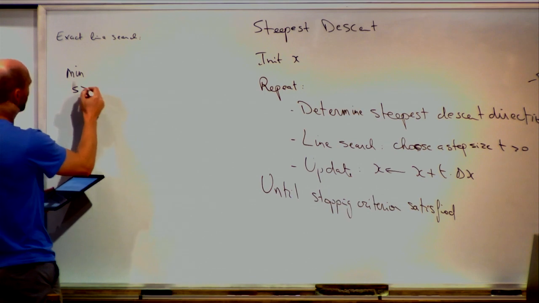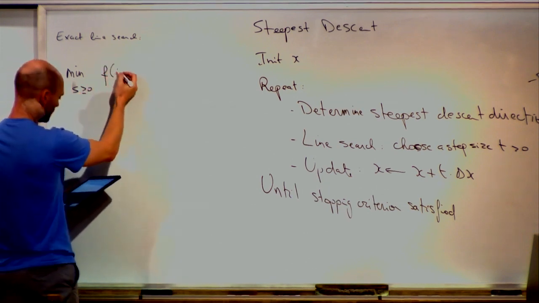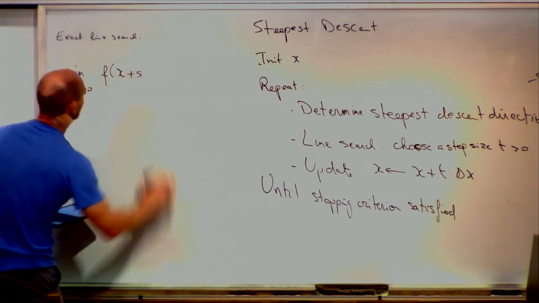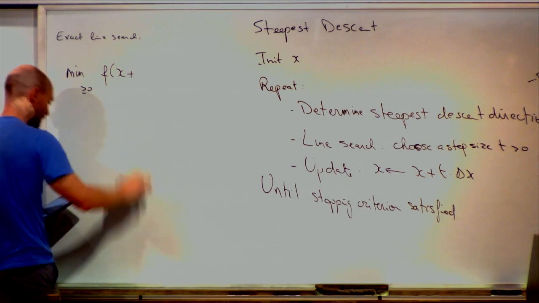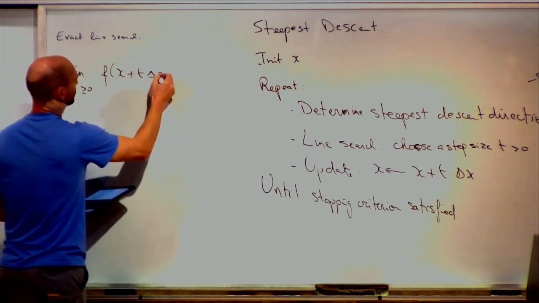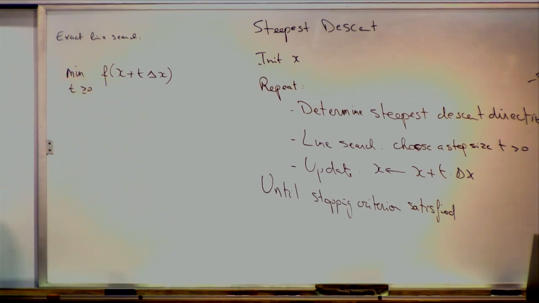Min over s bigger than 0 of f of x plus s. So let's just call it t. T delta x. So we just need to find the best t. It's like we walk downhill, and whenever things start going back up again, we went too far, we got to stop. That's what that is doing.